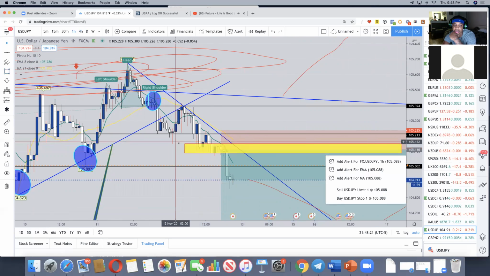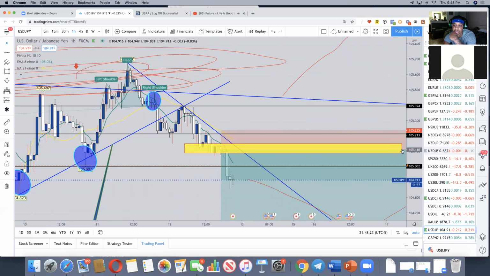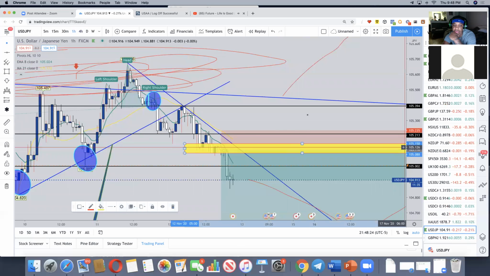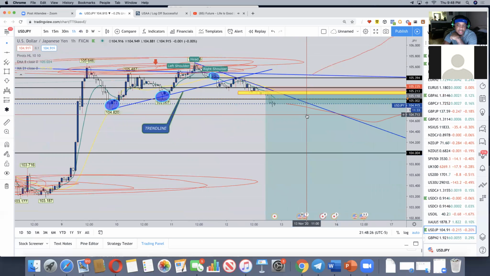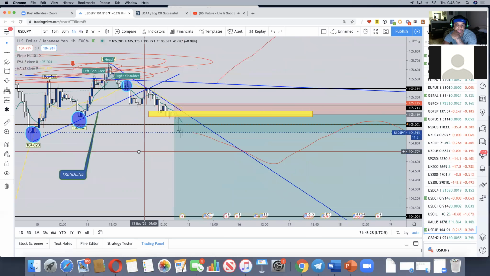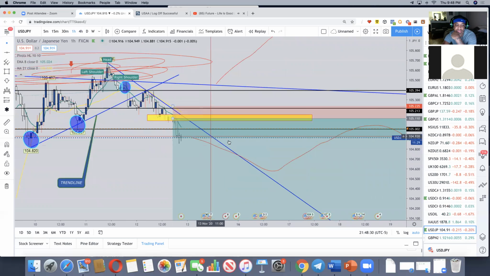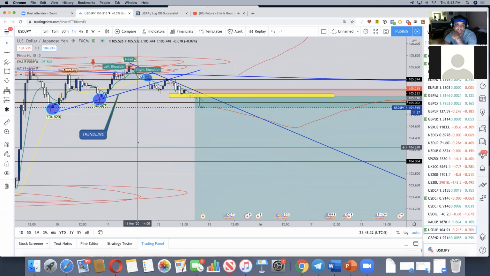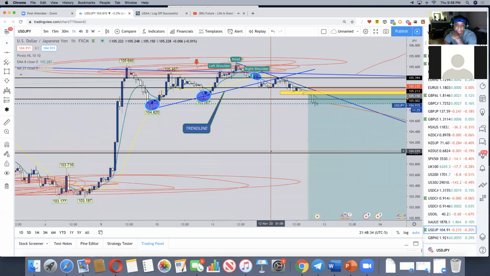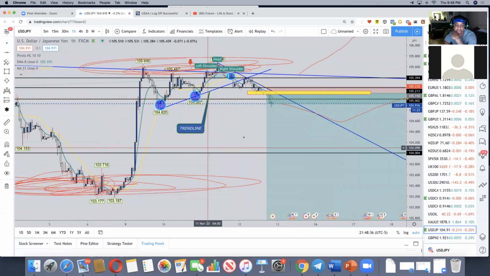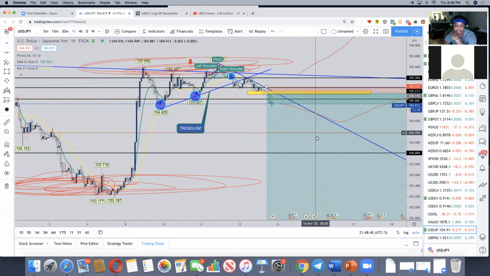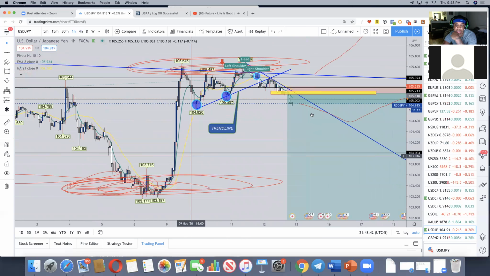You want to protect your account as much as possible. So anywhere there would be cool. So maybe like 20 pips from where price is right now currently. But yeah, other than that, this is a 90 pip move. So this is a pretty good move.